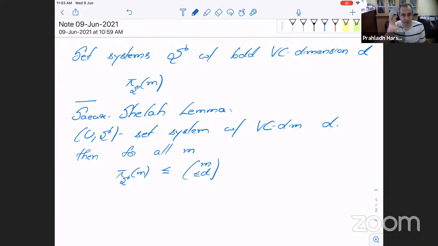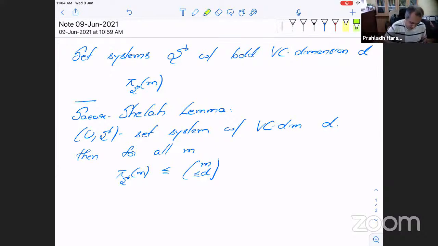If I know the largest set that can be shattered is of size d, now take any much larger set of size m. It cannot be broken up into 2 to the m. The number of sets it can be broken into is only like m to the d, not all the way to 2 to the m. So just knowing the largest set that can be shattered puts a bound on how many things much larger sets can be broken up into.